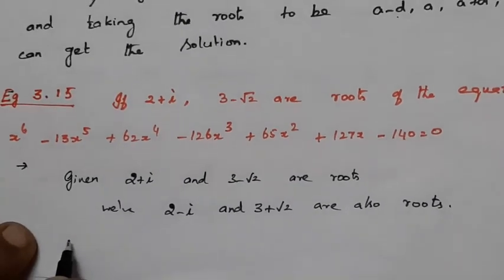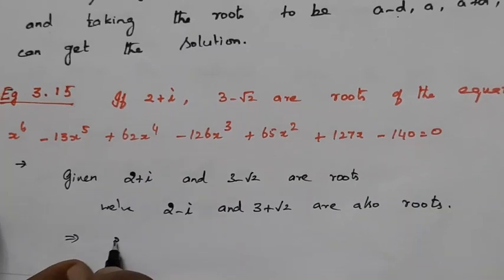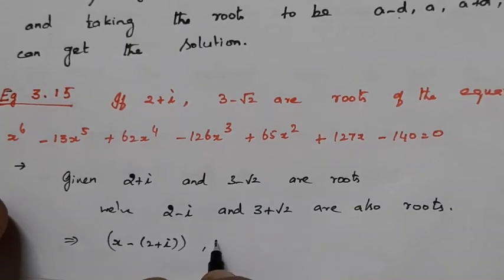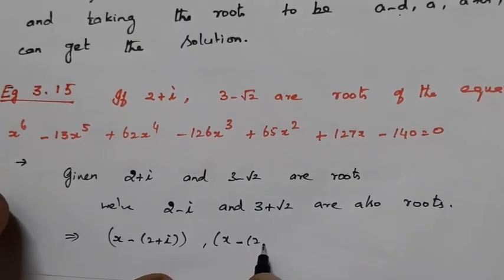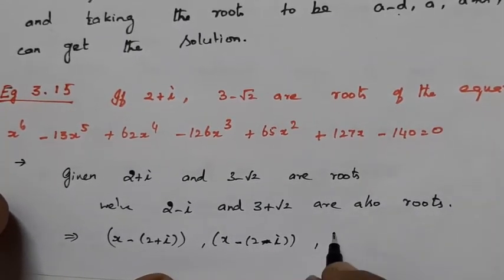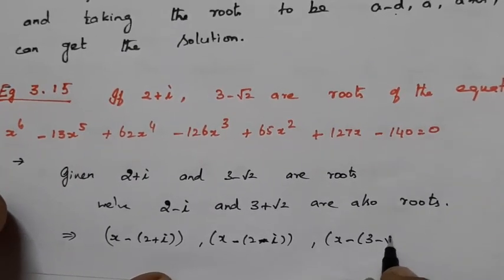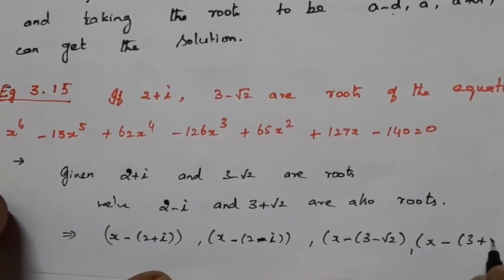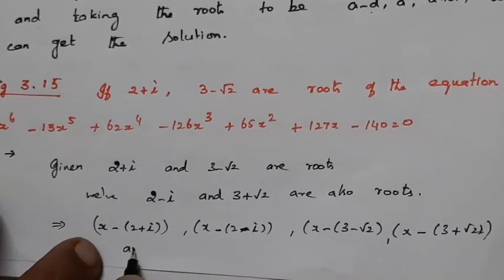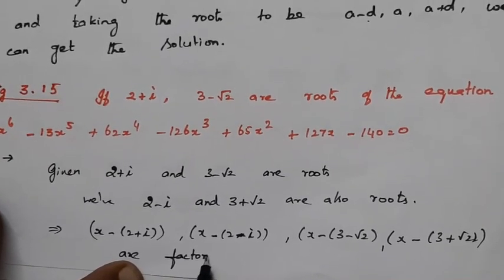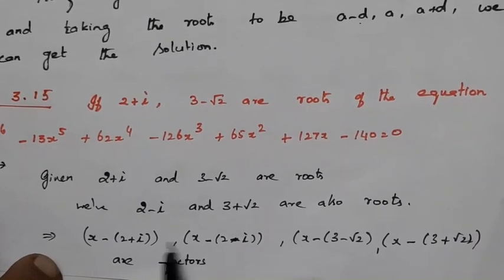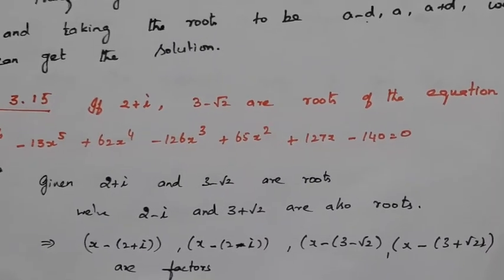Then this implies that x minus (2 plus i), x minus (2 minus i), x minus (3 minus root 2) and x minus (3 plus root 2) are factors. Given the 2 roots, we have 2 more roots, and using the 4 roots we have 4 factors. Let us multiply the factors now.